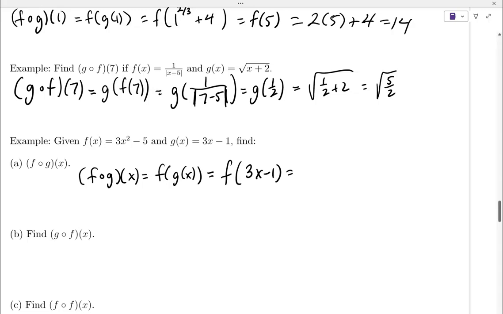So remember, this tells me to take out the x and put whatever's inside these parentheses in for it. So this would be 3 times (3x minus 1) squared minus 5. It's literally what it tells you to do, right? Take out the x and put in whatever's in those parentheses.